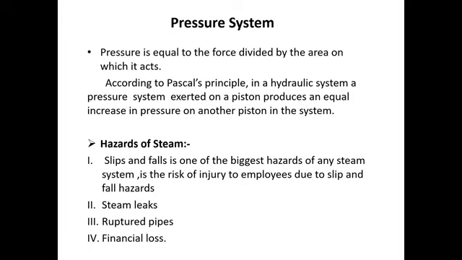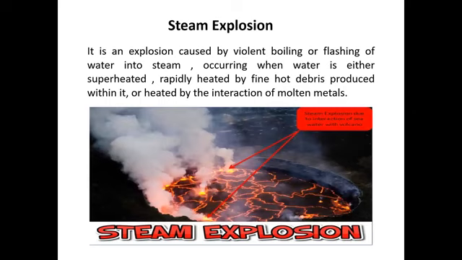Then there is a concept called steam explosion. This is the explosion caused by violent boiling or flashing of water into steam. From this picture, you can understand how exactly violent boiling or flashing of water into steam looks.